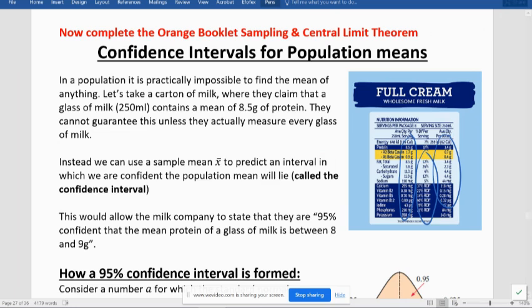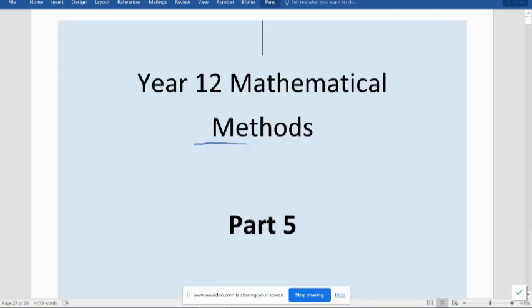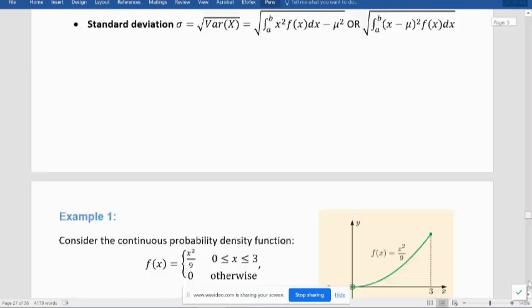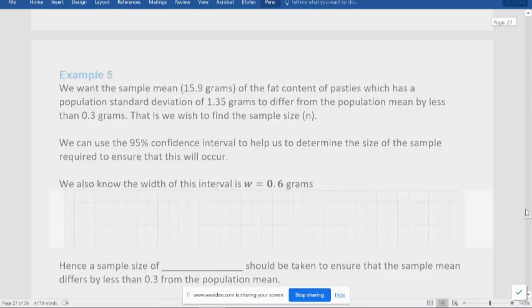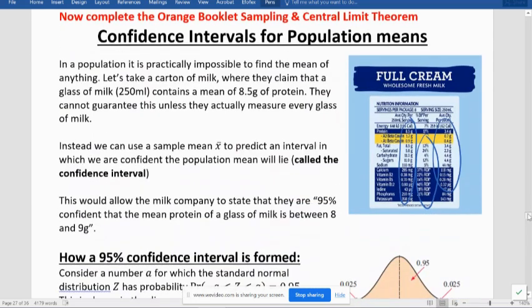The reality is we don't really know what the mean is of the population a lot of the time. However, we can create these formulas where we create an interval. So it might go from here to here.